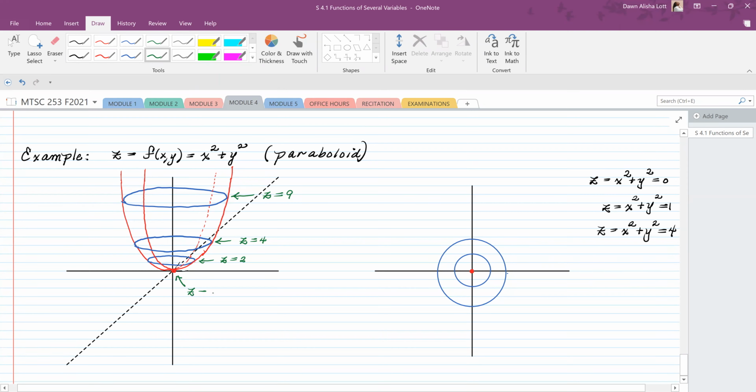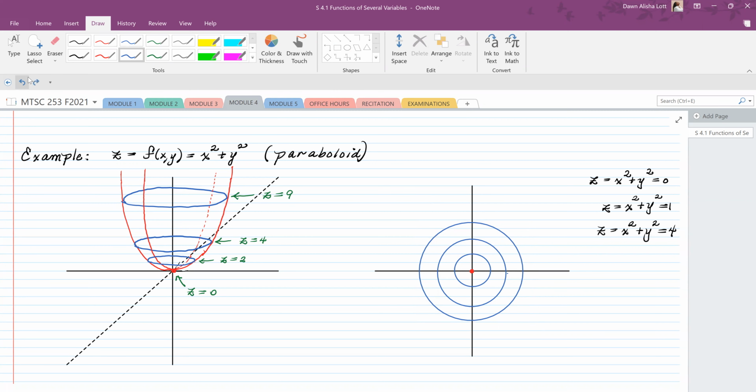Z equals 0. If z is equal to 9, okay. So now z equal to x squared plus y squared equals 9.